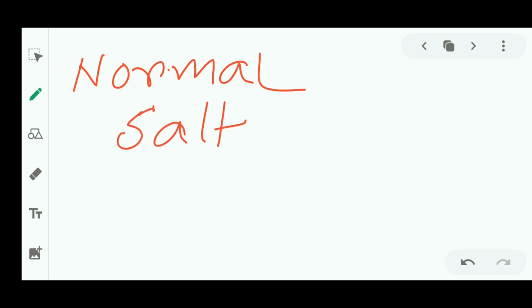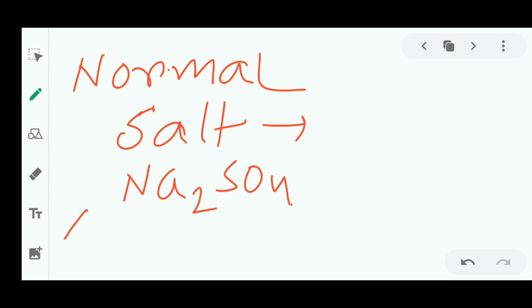When all the replaceable hydrogen atoms of an acid are replaced by the atom of a metal or a cation, then it is known as normal salt. So Na2SO4 will be a normal salt. Why? Because all the hydrogen of H2SO4 is replaced by sodium. So it is a normal salt.